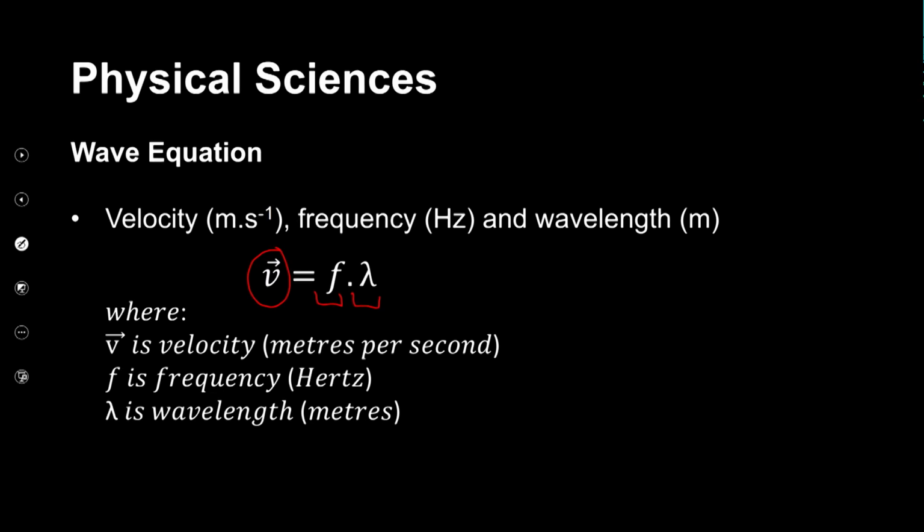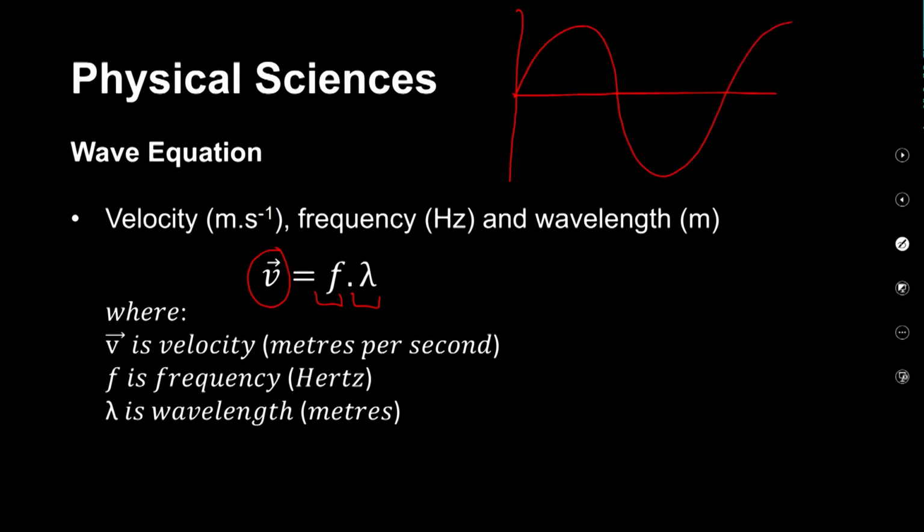We should already know that wavelength is simply a measure of the distance between any two consecutive points on a wave that are in phase. We often say this could be from crest to consecutive crest, or even trough to consecutive trough.